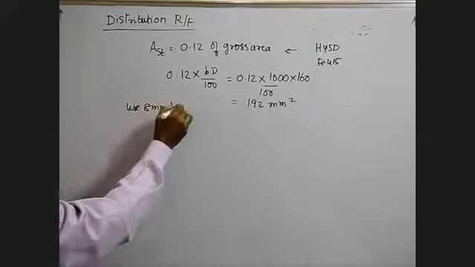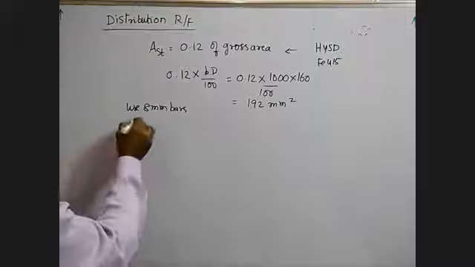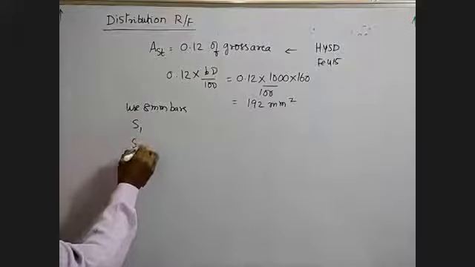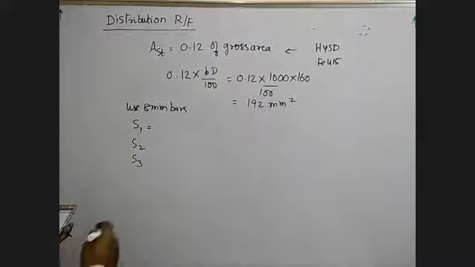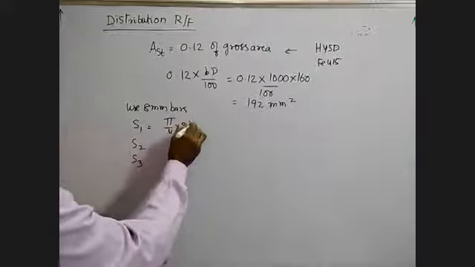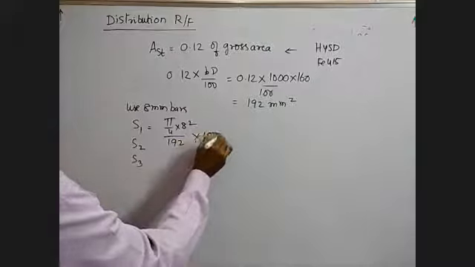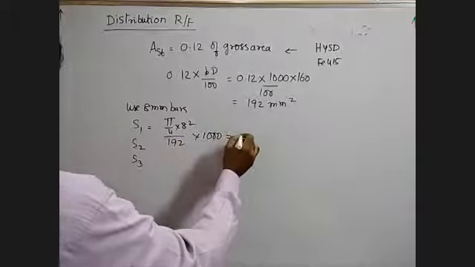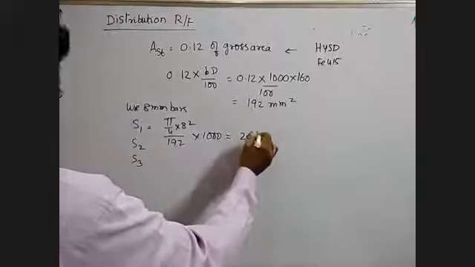So generally they provide 8 mm bars. And now calculate the S1, S2, S3 and other values. So S1 is equal to 5 by 4 into 8 square divided by 192 into 1000. It comes to S1 is equal to 261.79 mm.